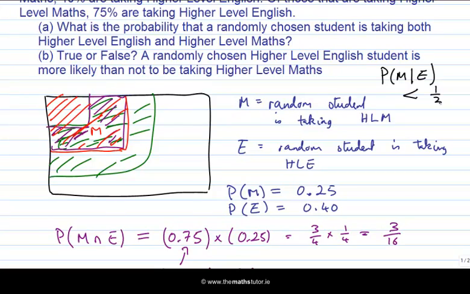So that means that the student is not more likely than not to be taking higher level maths. So this statement here is false. So the correct answer to B is that the statement is false. Okay, so that's an explanation of the multiplication rule and an application of it to this particular problem.